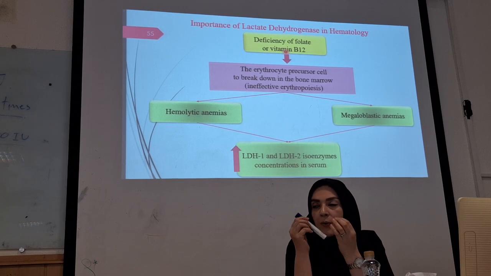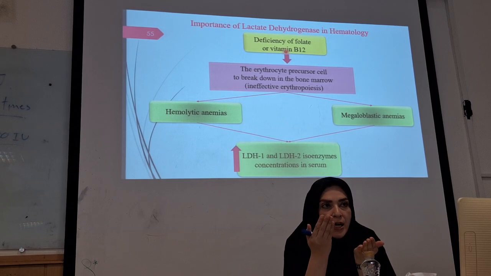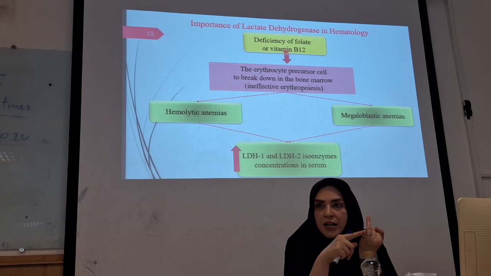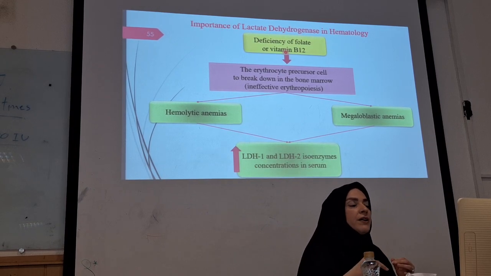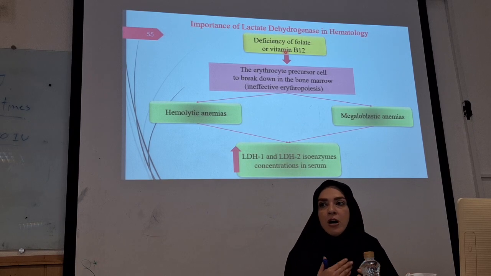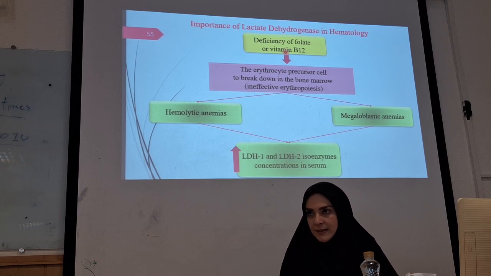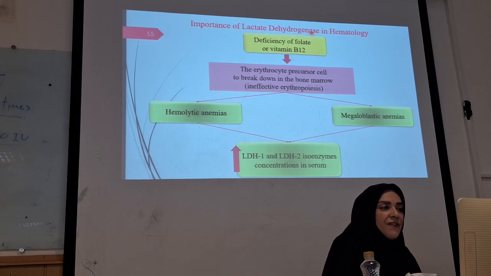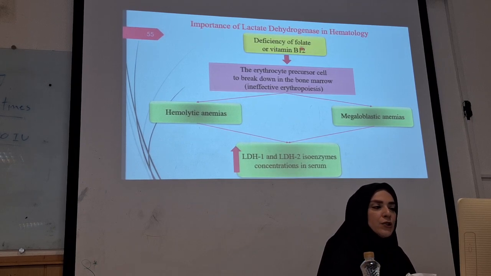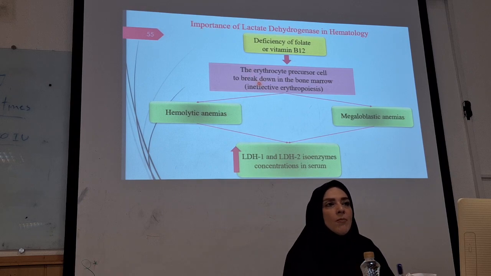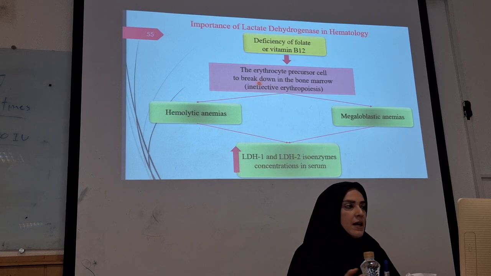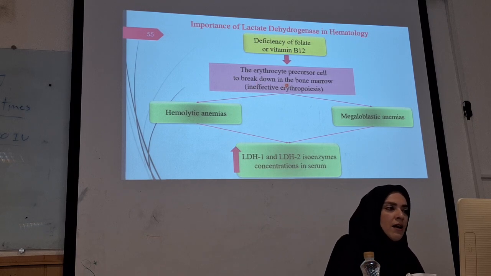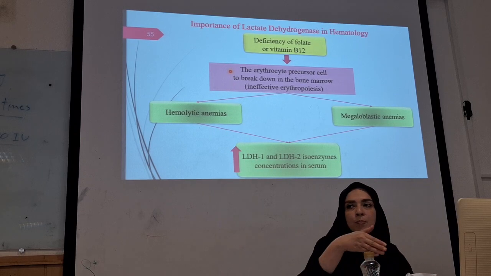If you remember, we have some hematopoietic vitamins, and vitamin B9, folic acid, and vitamin B12, cobalamin, were very important for the production of mature RBCs. So any deficiency of these two vitamins can result in some alteration in the production of mature RBCs. So the erythrocytes break down whenever they pass through the bone marrow.